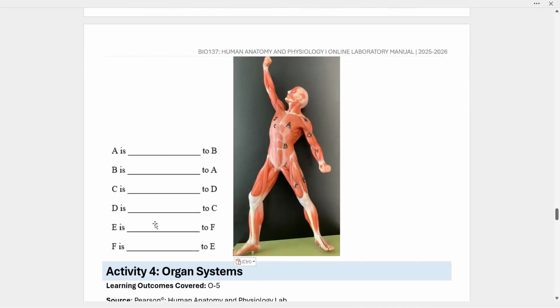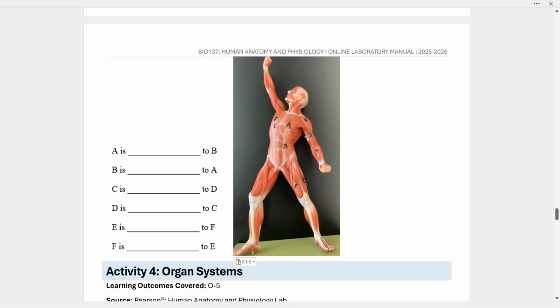You don't need to do anything for this, but this is how you should study with those. On a test or a practical, you could get the muscle man like this, and it would say, A is what to B. This could be a test question. So A is superior to B. Just like here. K is what to G?